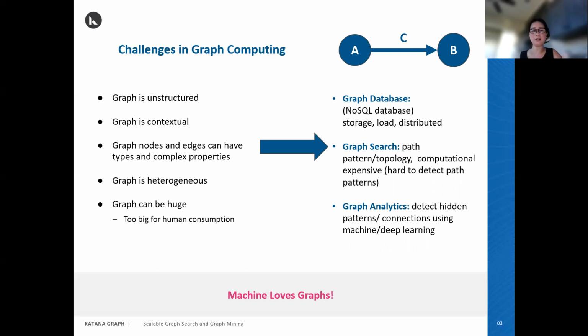Furthermore, graph nodes and edges can have their own types. For instance, you buy a laptop: you as the customer and the laptop as a product are two different kinds of nodes. Edges, you buy a laptop or you sell a laptop, buy and sell are also two different kinds of edges.